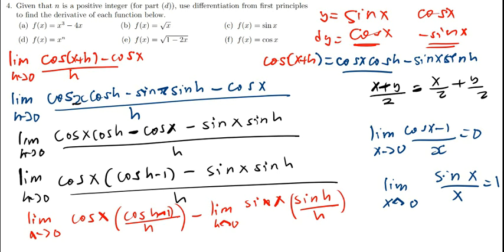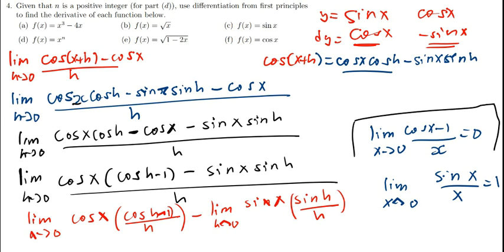So like I said, one thing we need to be familiar with is the identity. The derivative of cos is negative sin, but we're just trying to prove it. The identities which we need to be familiar with are these two. The limit as x approaches 0 of cos x minus 1 over x is 0. I can clearly see that this part here is going to be 0.